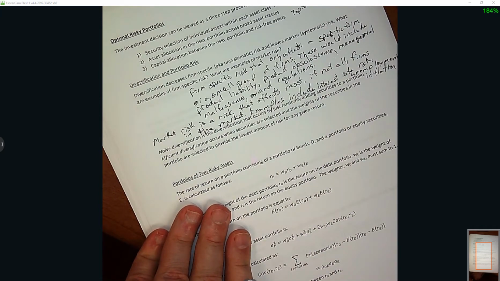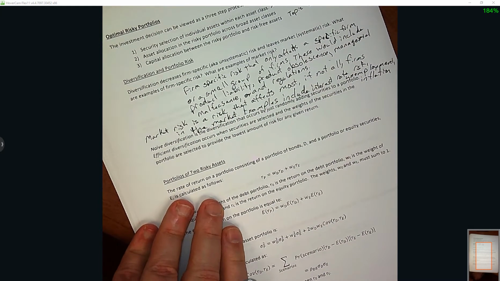Some other ones would include the overall economy in general. So if the economy is in a recession, that's going to affect most firms. They're not going to be able to sell as many goods. Their revenues will decline. Their profitability will probably decline during those times.